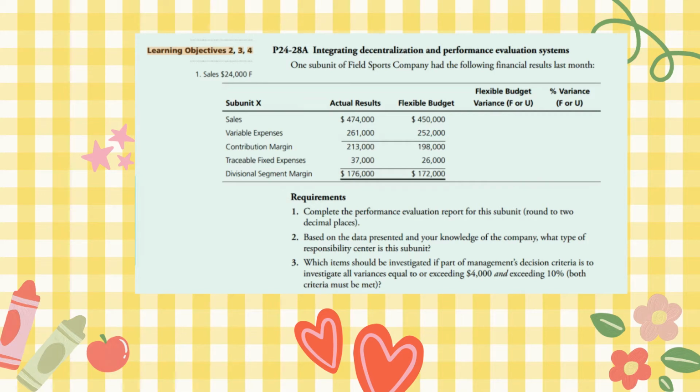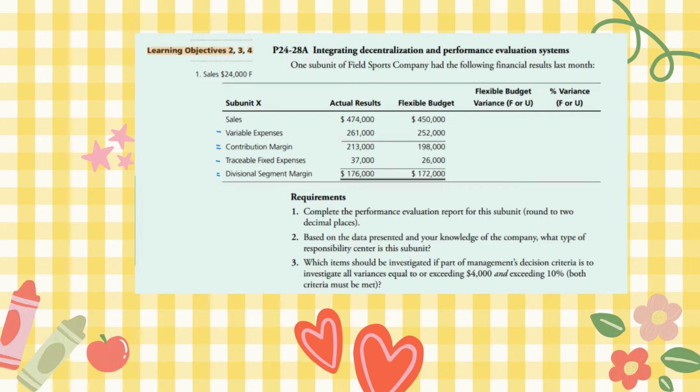So sales less variable expenses equals contribution margin, less fixed expenses equals divisional segment margin. Since we have revenues and costs at the same time, so this subunit is a profit center.